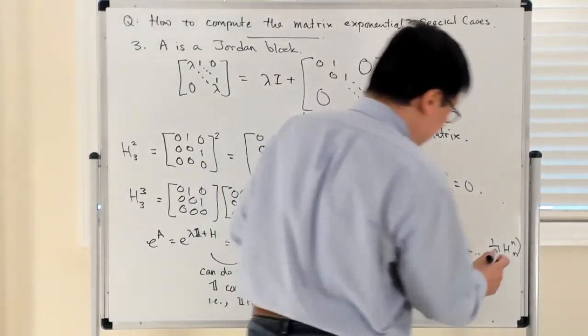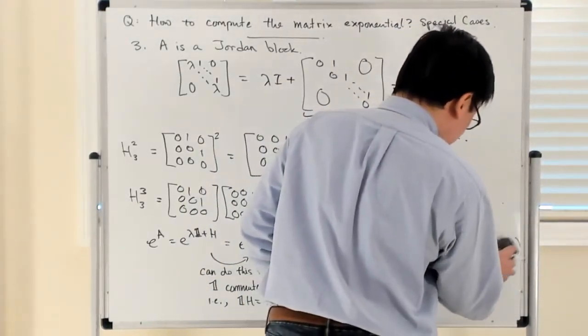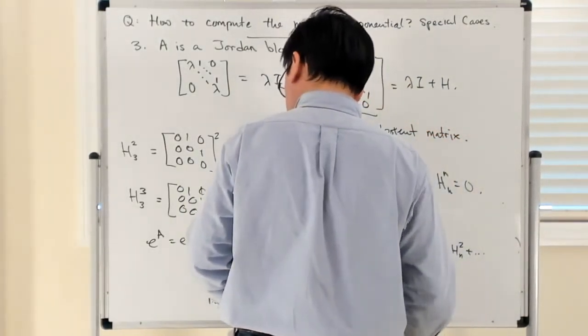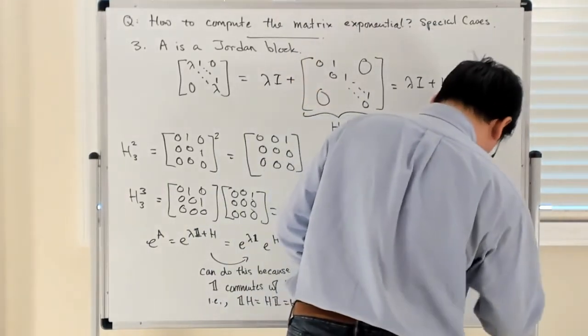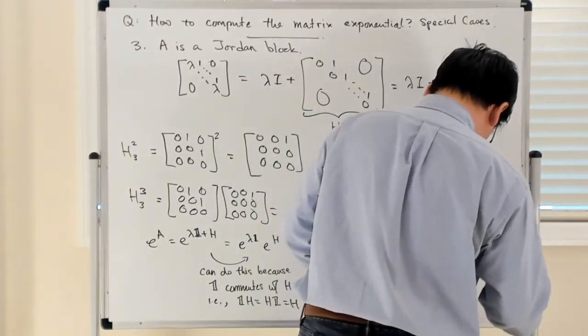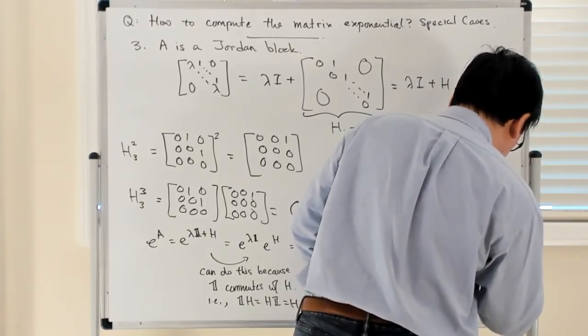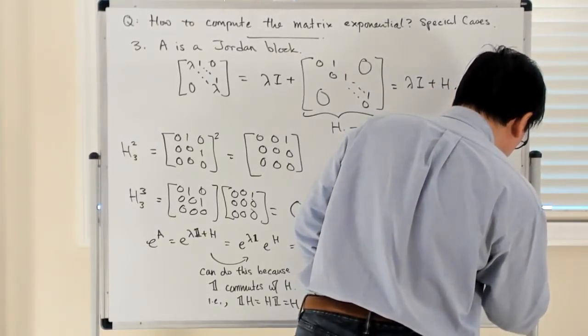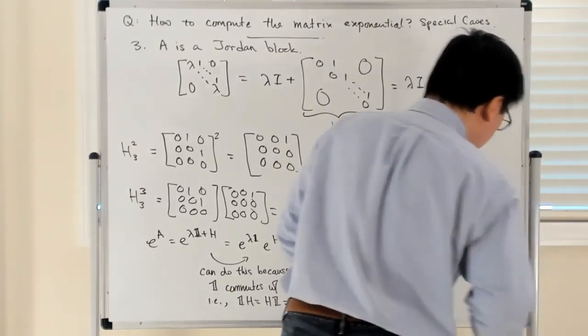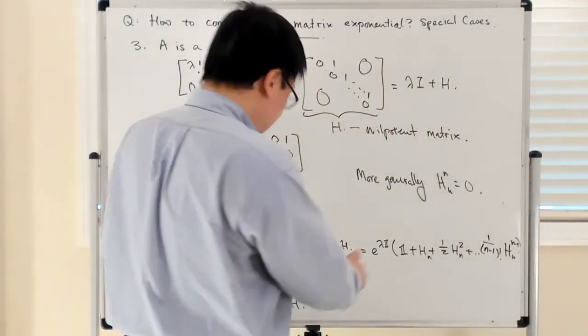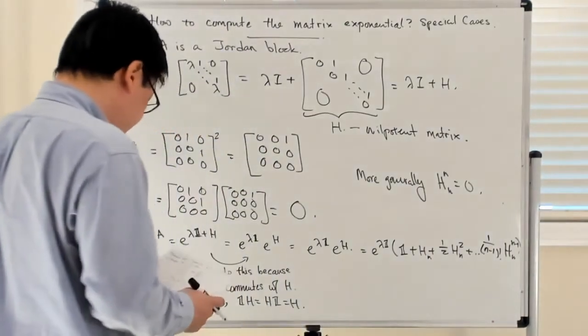So I guess you only need to go up to n minus 1, then: 1 over (n minus 1) factorial H to the n minus 1. Yeah, so that's basically what ends up happening.